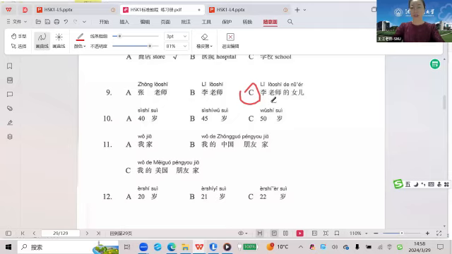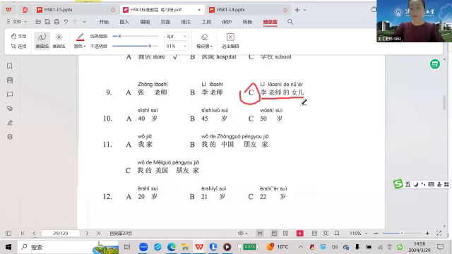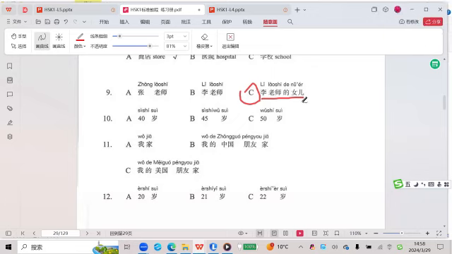Okay. 李老师的女儿, Teacher Li's daughter. Okay, so let me repeat. Please tell me what the key words are. Can you repeat some key words? 李老师的女儿今年4岁了。Very good.